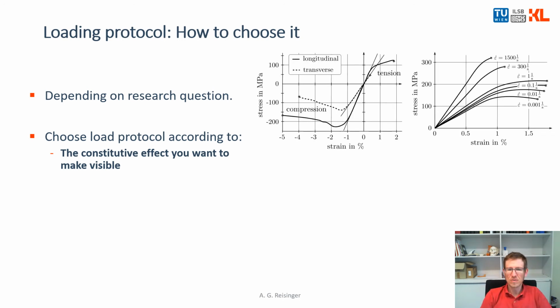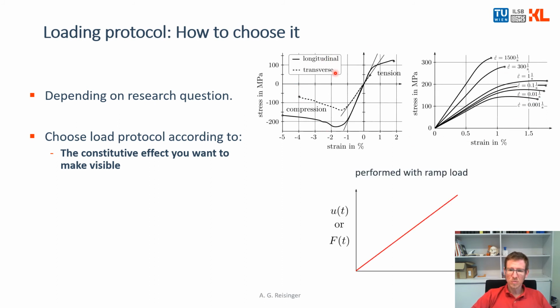For example, if you remember back, these graphs we have seen in the last lecture, where the stiffness and yield load and ultimate stress of bone specimens are shown here, and here you have the material behavior depending on loading rate. These two experiments were done with a ramp load in the testing machine.